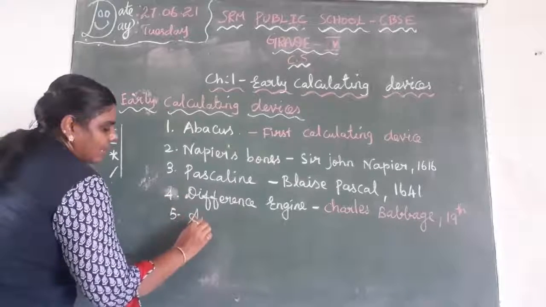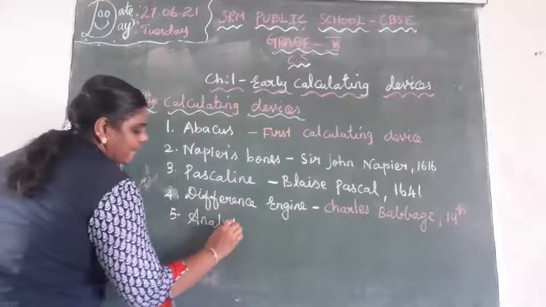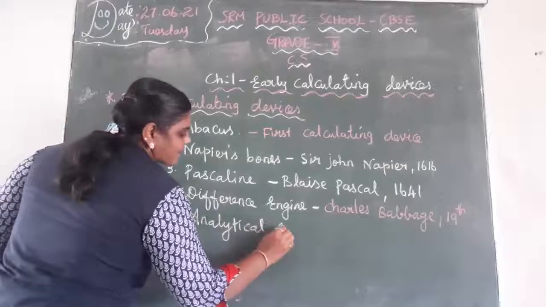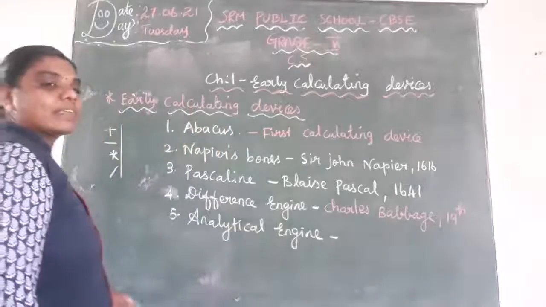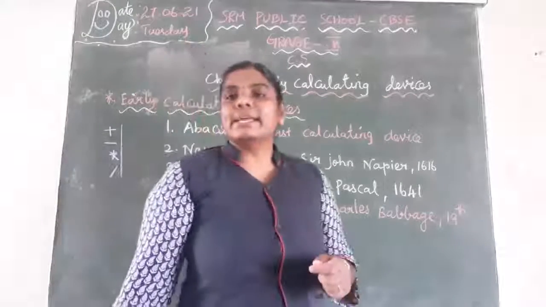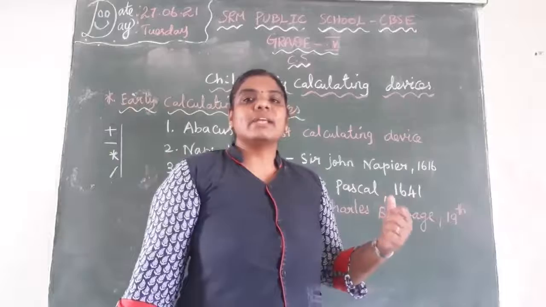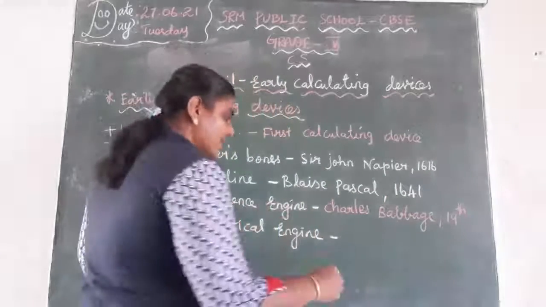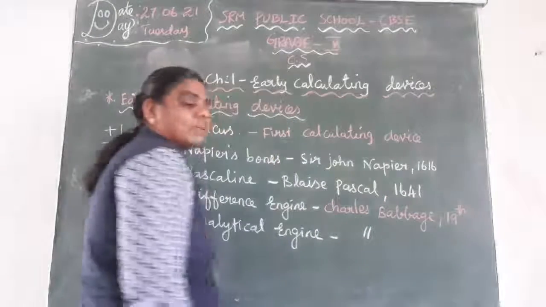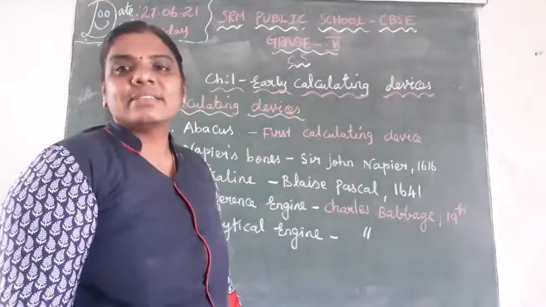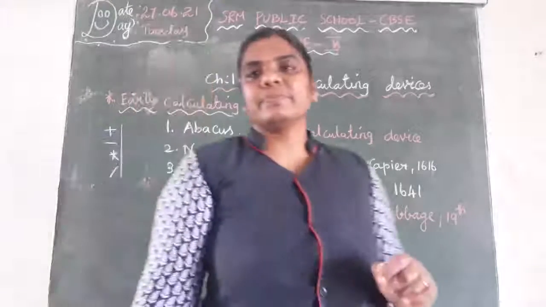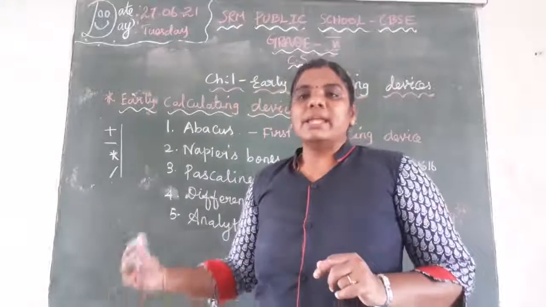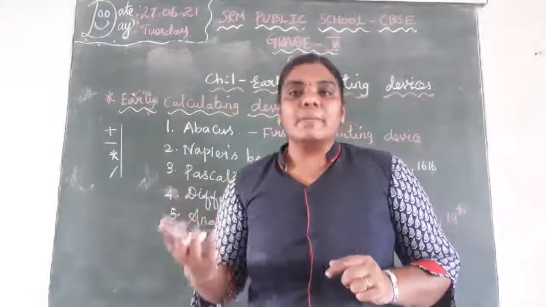Next one, analytical engine. What is the next device name? Analytical engine. Who invented the analytical engine? Charles Babbage only. What is the use of the analytical engine? It is mainly used for mechanical purposes.